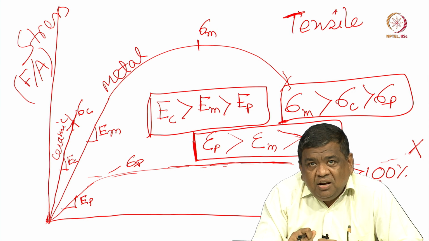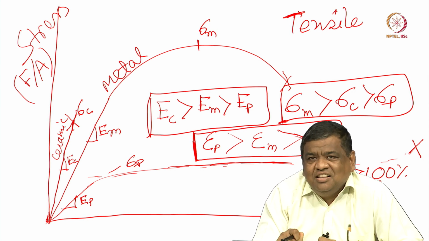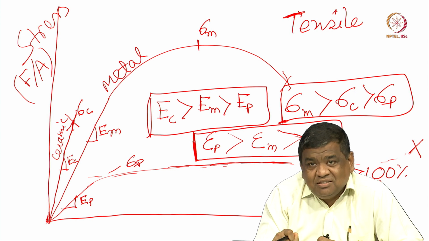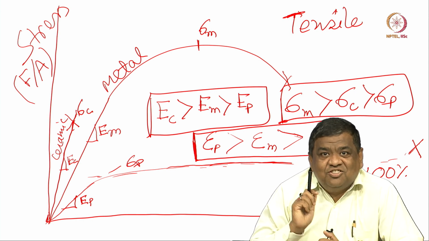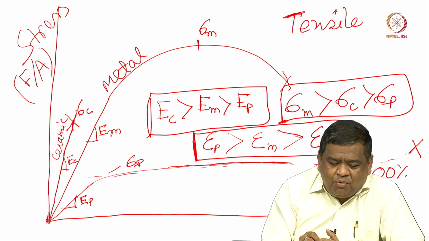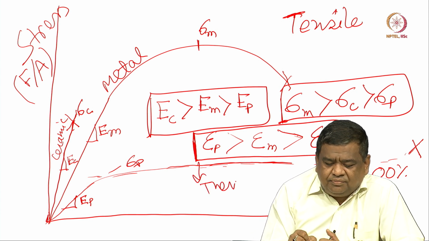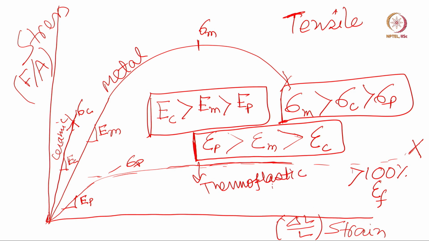The load bearing capability of metals under tension is higher than that of ceramics, and much higher than that of polymers. Strain to failure of any thermoplastic polymer: those who are from a polymer background know that there are two broad classifications, thermoplastic and thermosetting. I will explain those when the appropriate time comes.